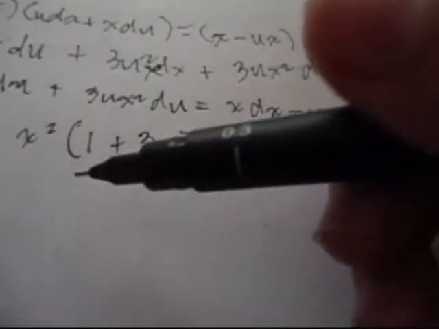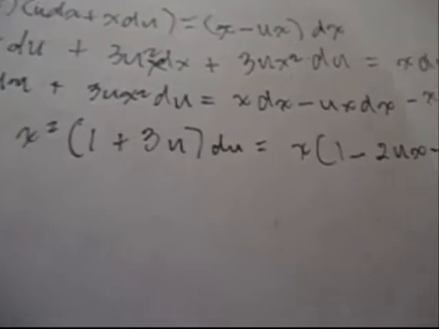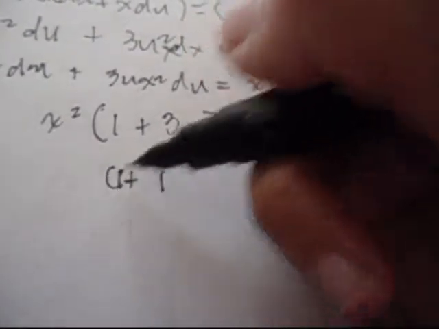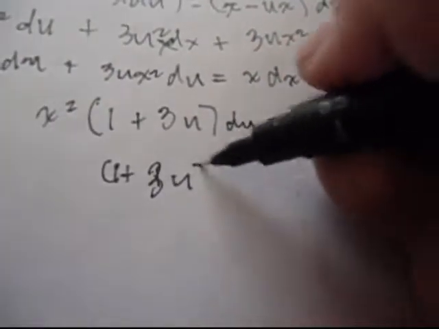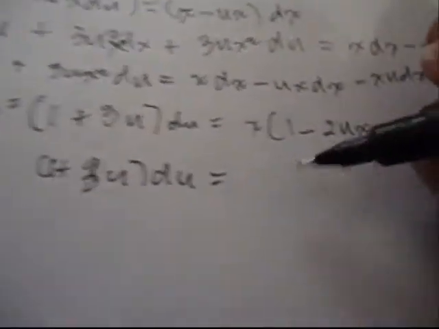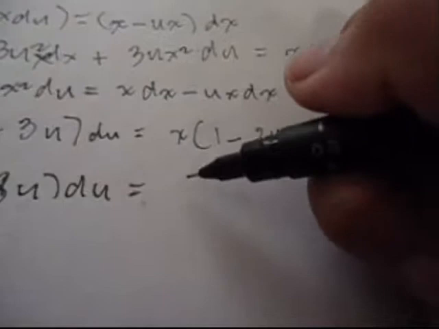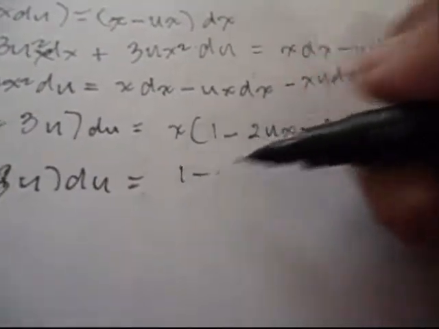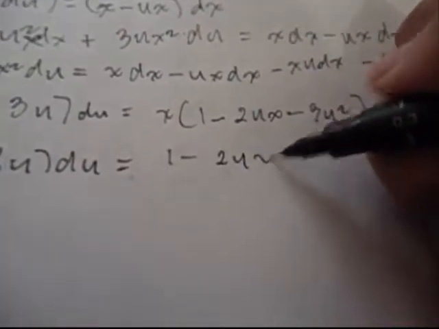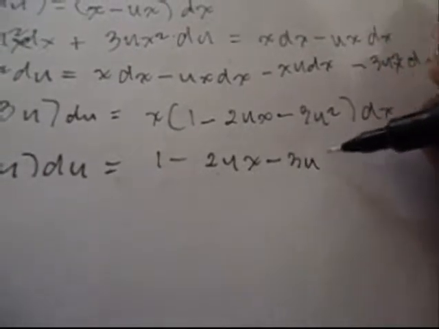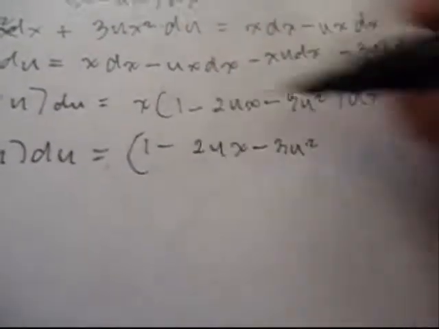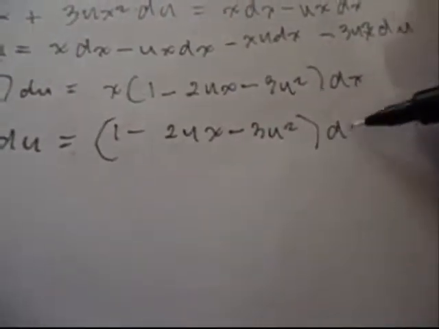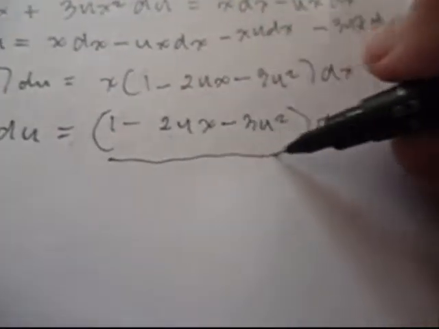Then we will divide both sides by x squared, so we have 1 plus 3u du is equal to 1 minus 2u minus 3u squared dx over x.